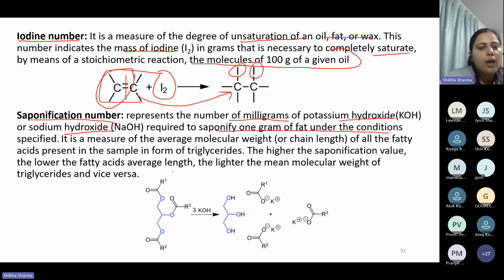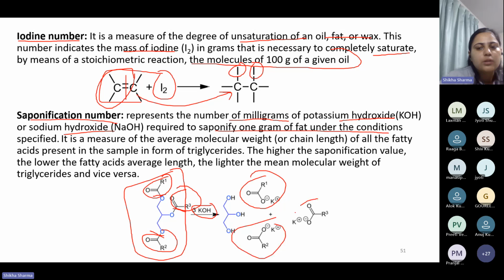We have this kind of fat, either KOH or NaOH we can use, and this bond and this bond will break, OH will attach, and these will separate out as these entities.